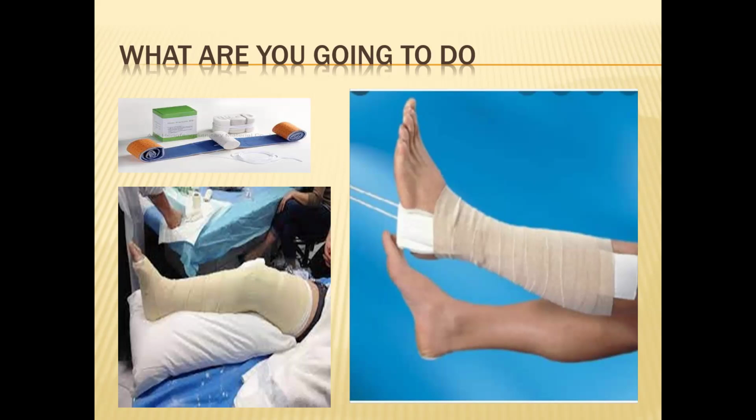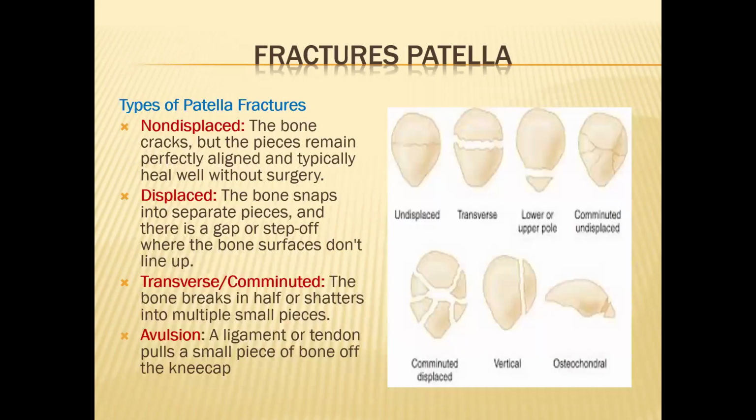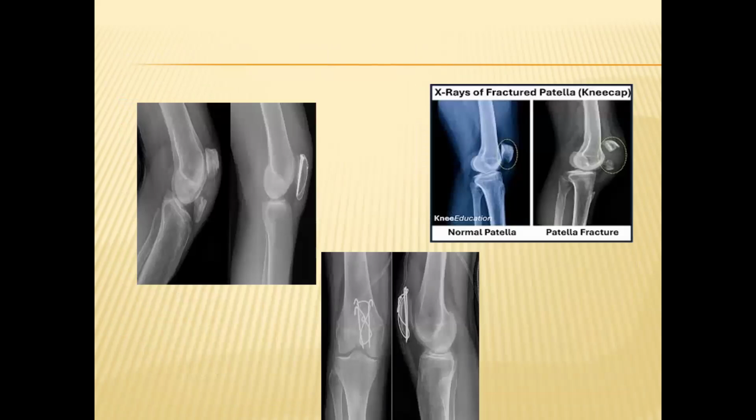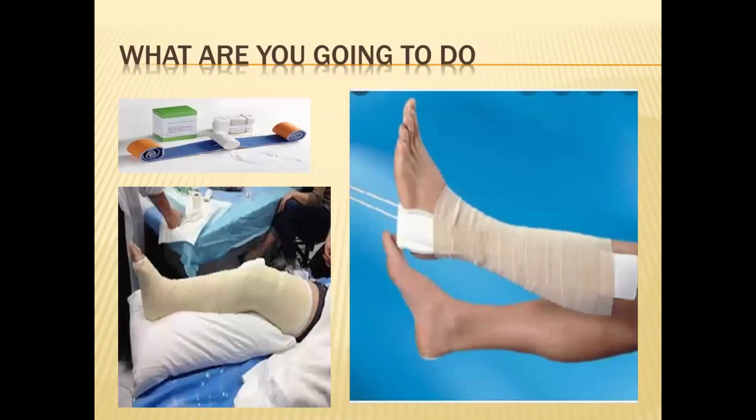The patient will be unable to raise his foot, because the sciatic nerve is a sensory and motor nerve, it supplies sensory and motor innervation to the ankle and the foot. So the patient will be unable to dorsiflex the foot. We should also check for sensory loss.